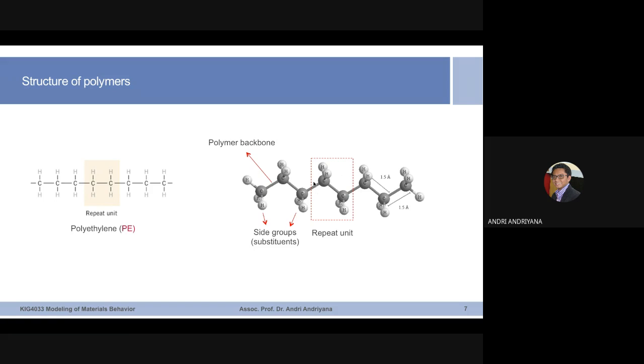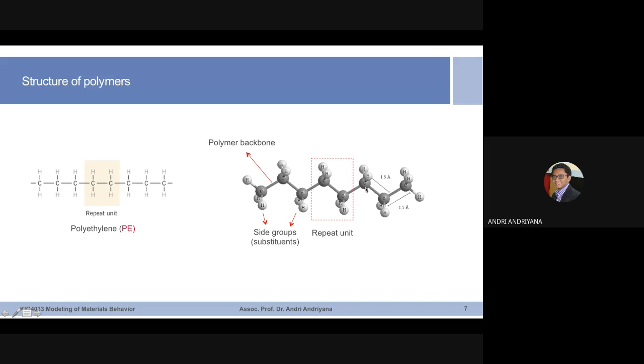Okay, and then attached to this polymeric backbone, you have the side group or substituent, and in this case, it is hydrogen. Okay, and this is the repeat unit that we have here, that we represented in a much simpler way in the book, while actually in reality it is a 3D structure.